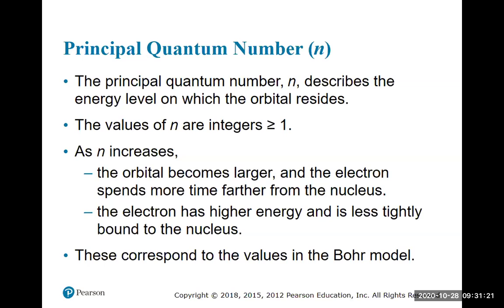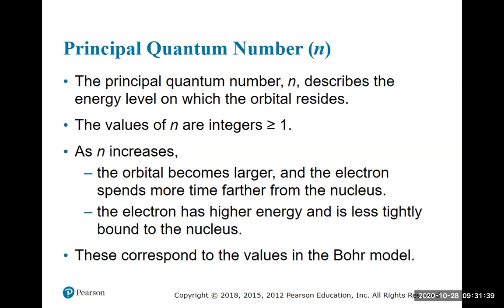This principal quantum number, n, describes the energy level on which the orbital resides. So n of 1 is the first energy level, n of 2 the second energy level, n of 3 third, and on down the line.